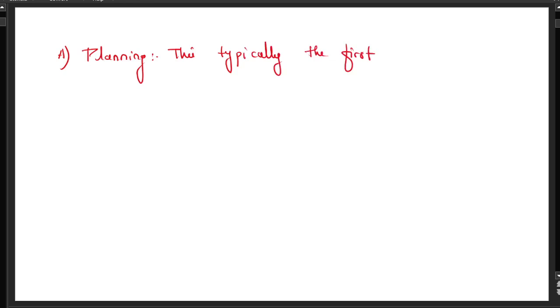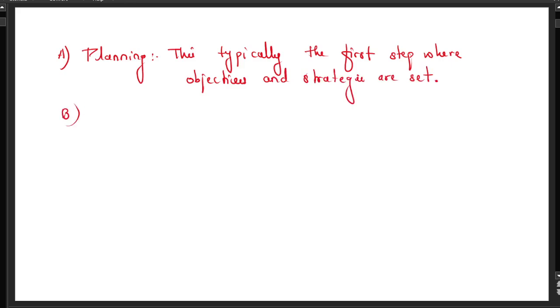So first, A, we will see planning. Planning means what? This is typically the first step where objectives and strategies are set.